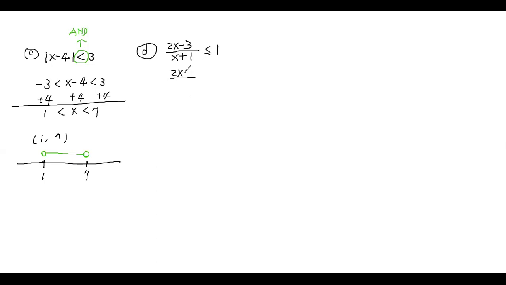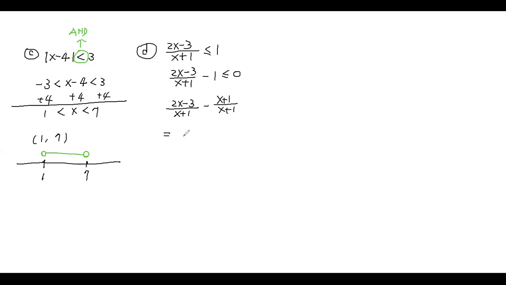So this is (2x minus 3)/(x plus 1) minus 1 is less than or equal to 0. Some people want to use the cross product, and you're going to miss some important information when you use the cross product here. So you move everything over. Now you find a common denominator, which is x plus 1.